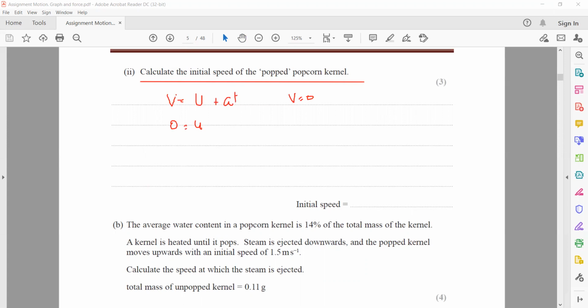We consider acceleration due to gravity, but we substitute a equals minus 9.8 as it is against gravity, multiplied by the time interval, which is 83 into 10 to the power minus 3. This will move to the other side and we'll get the value for u, the initial speed. That comes out as 0.81 meter per second. So the initial speed is 0.81 meter per second.